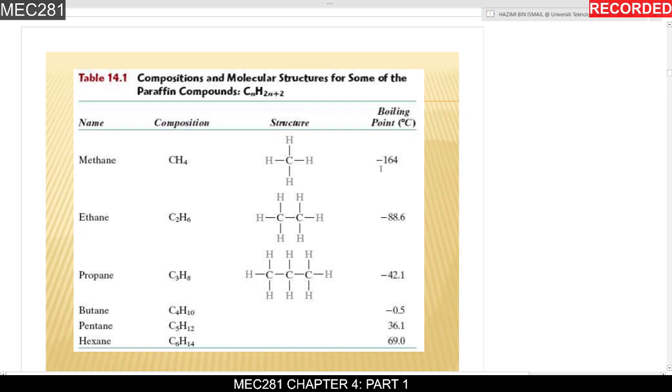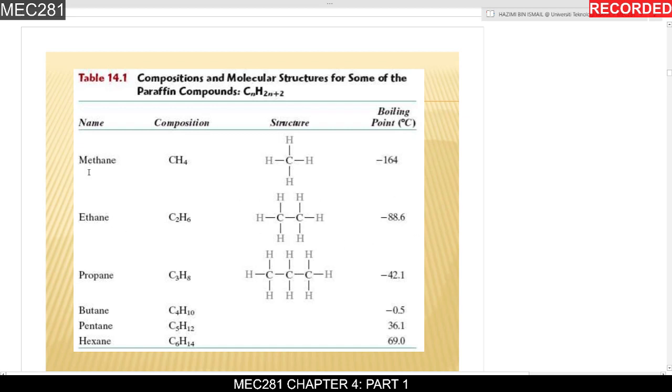The boiling temperature here is minus 164 degrees C. So methane is naturally found at room temperature in the gaseous state. For ethane, the boiling temperature is minus 88.6 degrees C, also found in the gaseous state at room temperature.